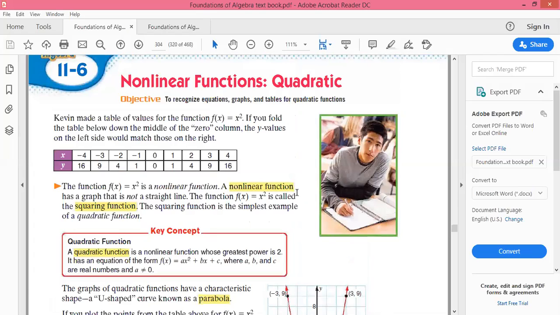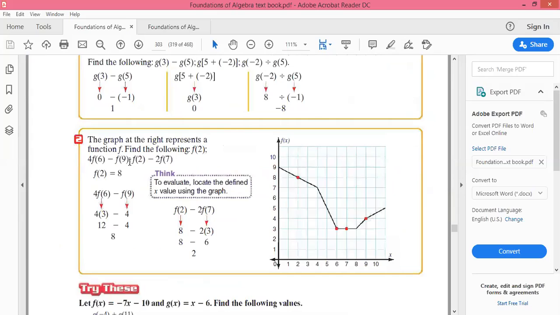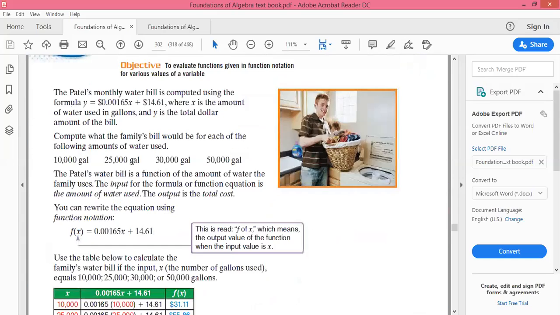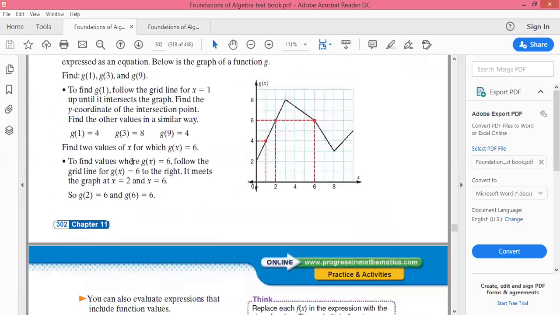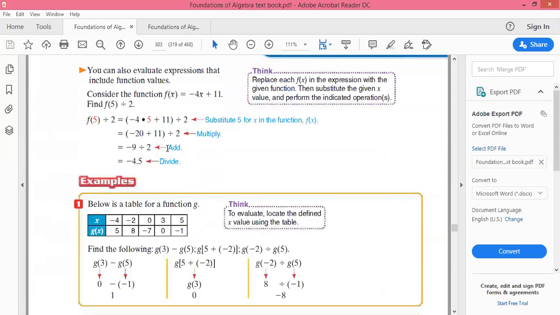If you remember, in the previous lesson, we had studied functions like f of x, g of x and h of x. Look here, as you can see, I have highlighted it. f of x is equal to minus 4x plus 11.